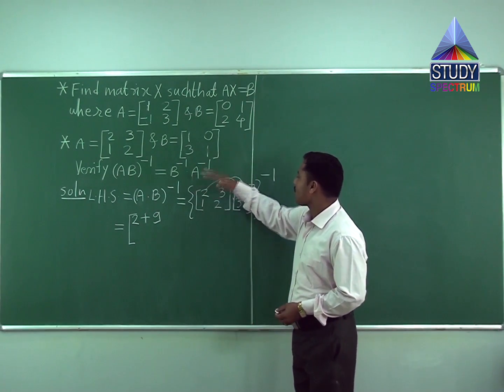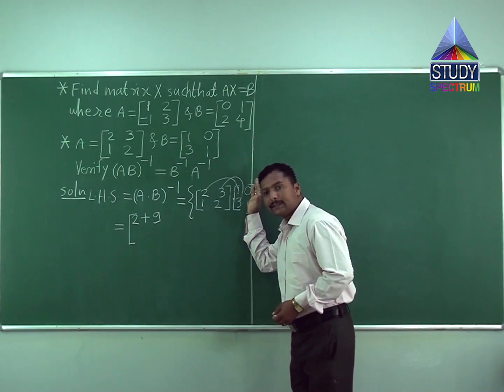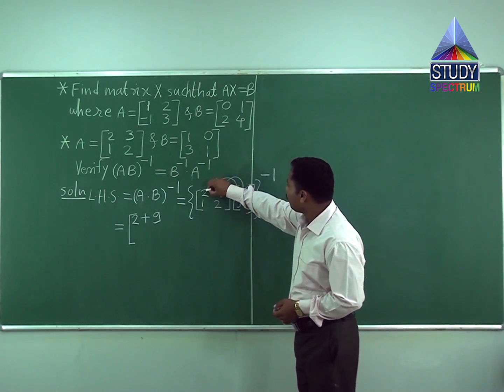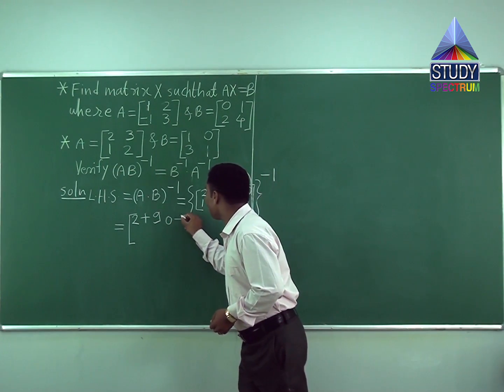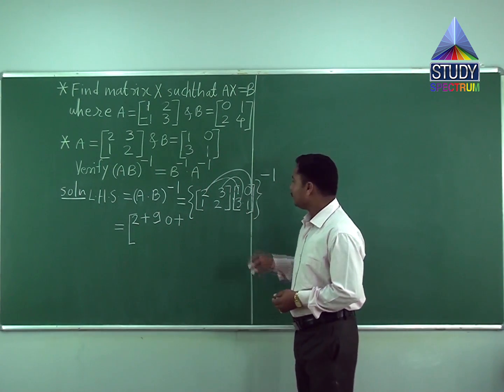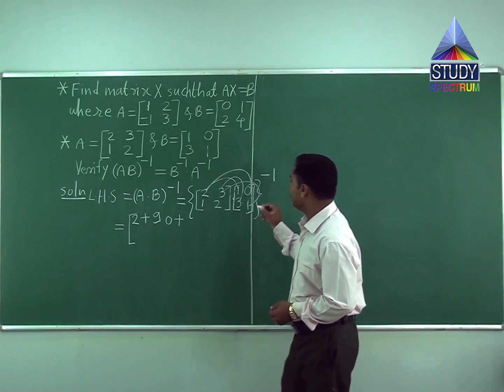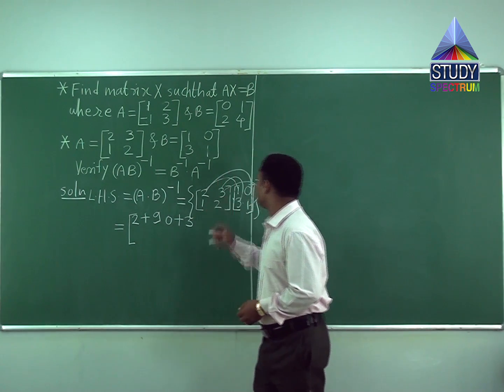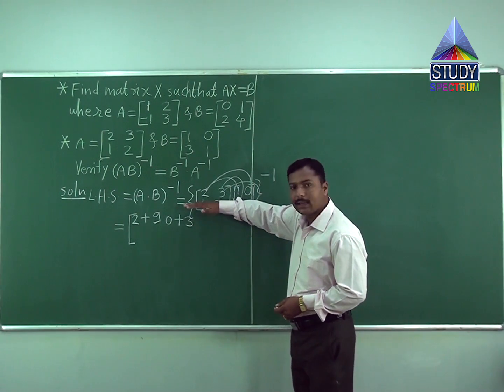That finishes the first row, first column. Again first row, second column: 2 into 0, 0, plus 3 into 1, 3.